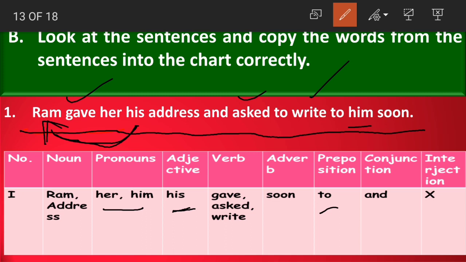And is the connectivity, connecting two sentences. We don't have an interjection in this sentence, so that is why we have marked it as none. Understood, children? So like this you have to do some more exercises.